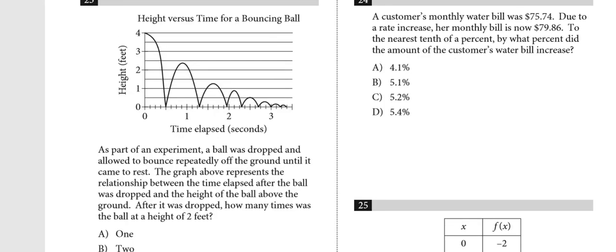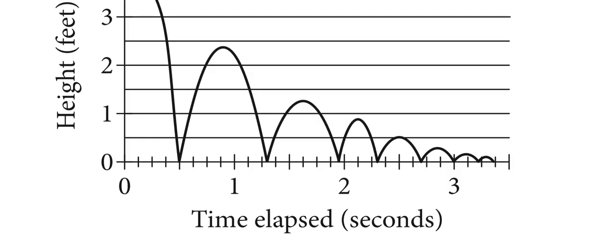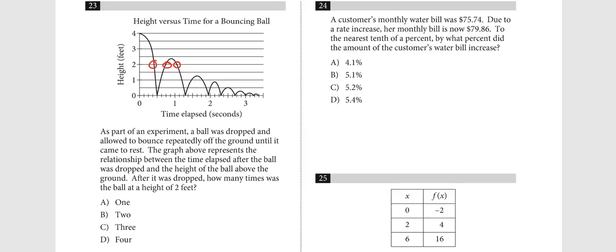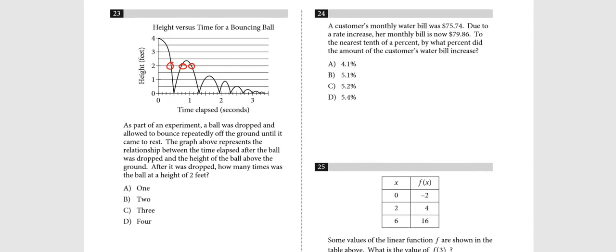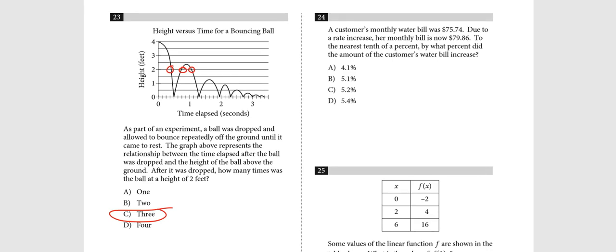Okay, at a height of 2 feet. Once, twice, 3 times. So it looks like it was only at a height of 2 feet 3 times. They didn't even ask me to do something with the geometric sequence.